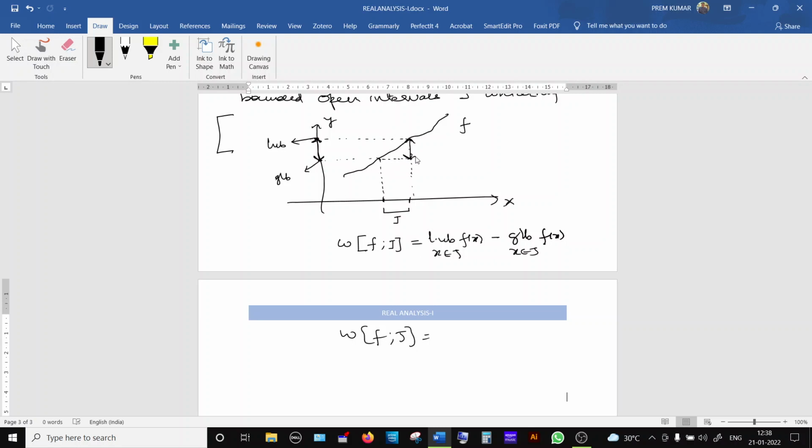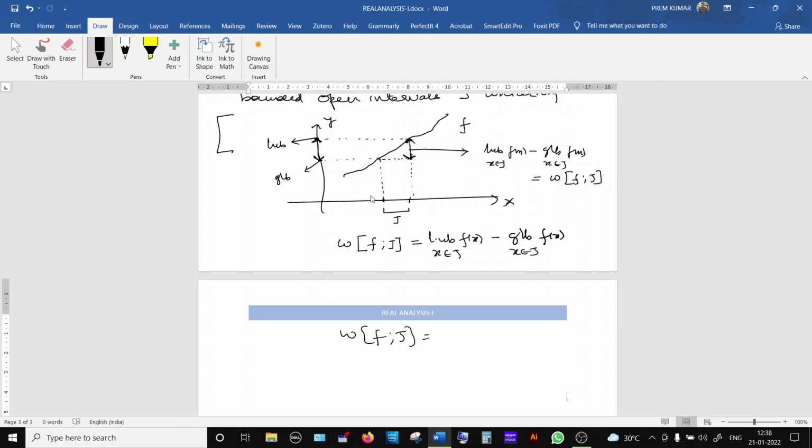Geometrically this is the meaning of this. This is nothing but LUB of f(x) minus GLB of f(x), where x belongs to J, here also x belongs to J. This quantity is a real number, a length, and it is denoted by the oscillation of f over J.